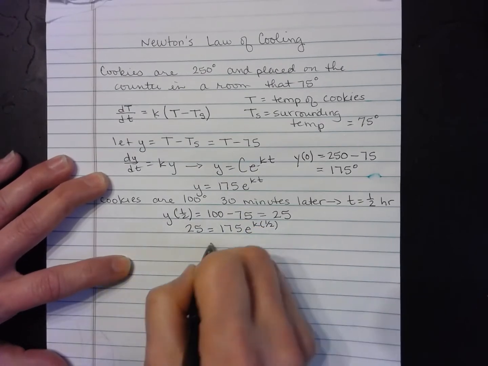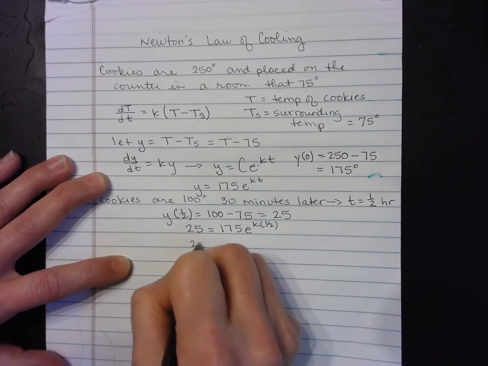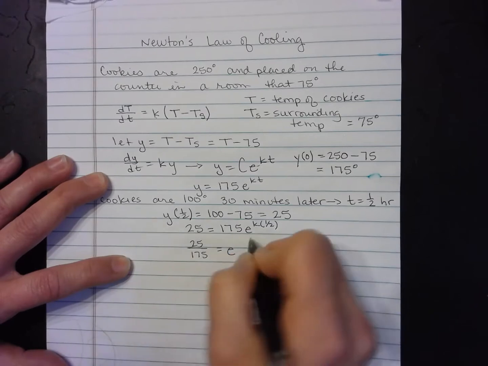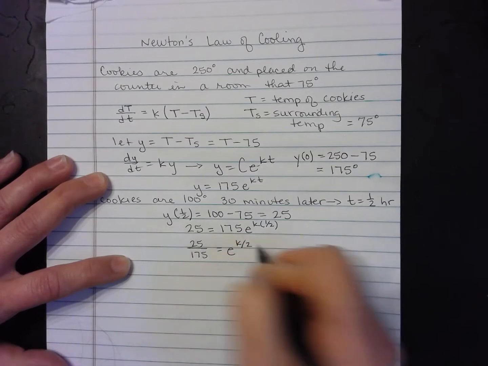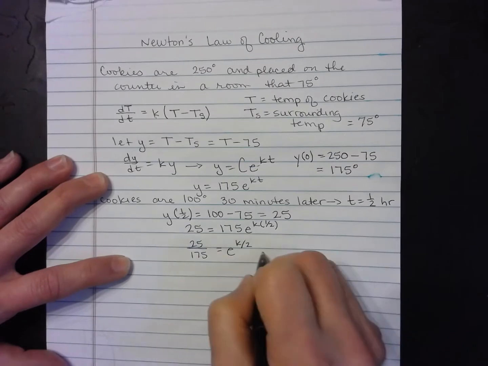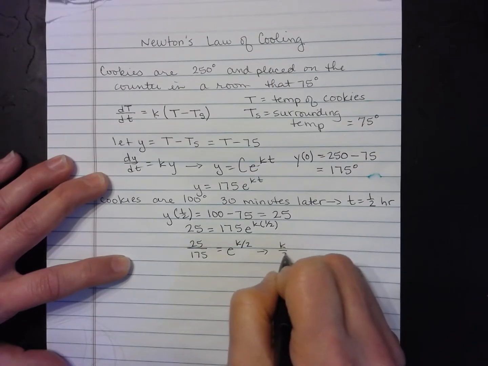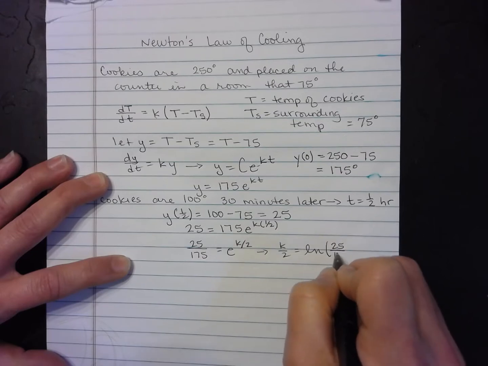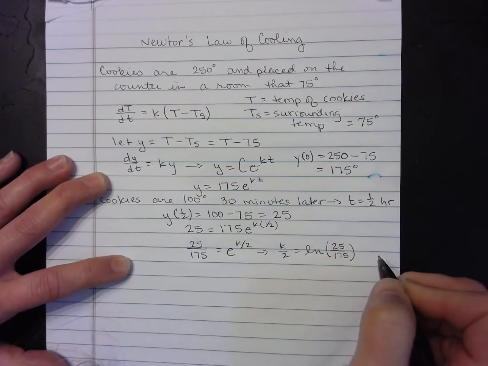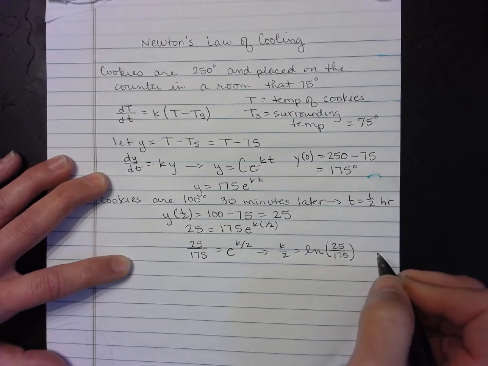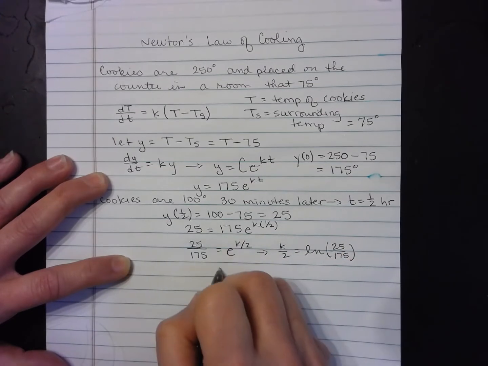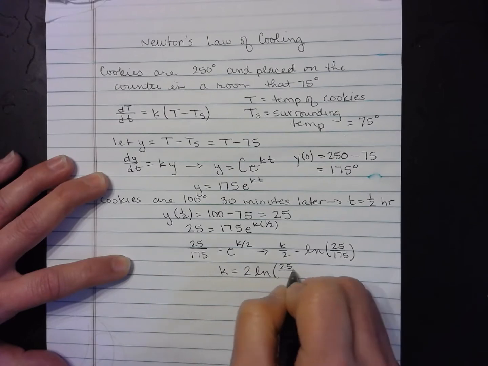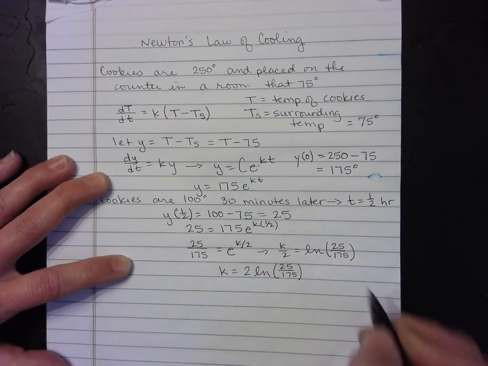If we solve this, we'll end up with 25 over 175 equals e to the k times a half. So then k over 2 is going to end up being the natural log of 25 over 175. Then we can multiply by 2, and k is twice the natural log of 25 over 175.